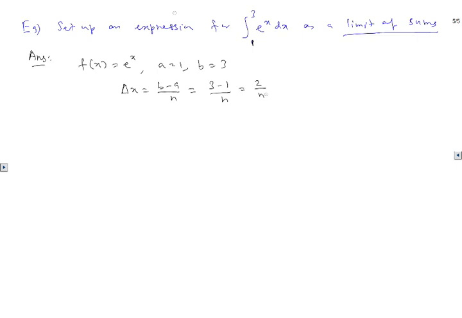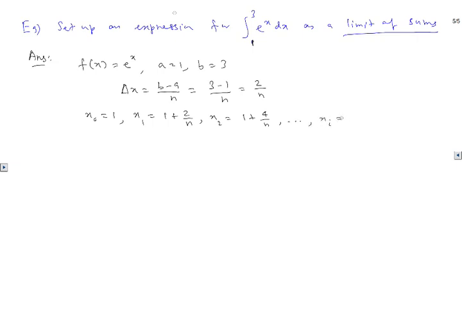So try to find the values. We have x0, which is the starting value, which is 1. We have x1, which is 1 plus 1 gap. What is 1 gap? 2 over n. That's 1 gap. And then x2 is 1 plus 2 gaps, so it's 1 plus 4 over n. Like that.